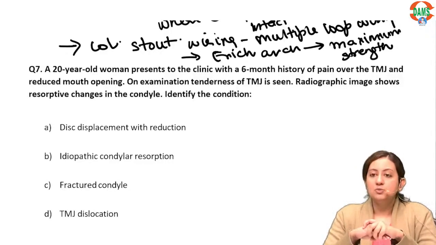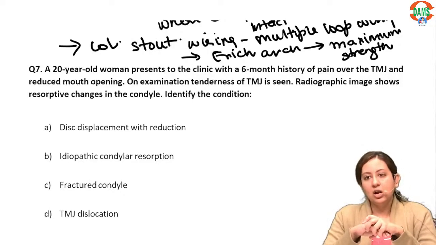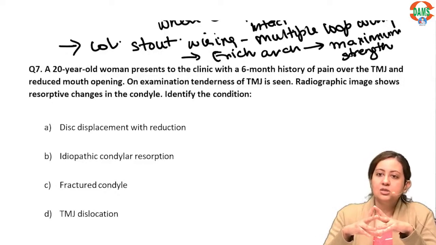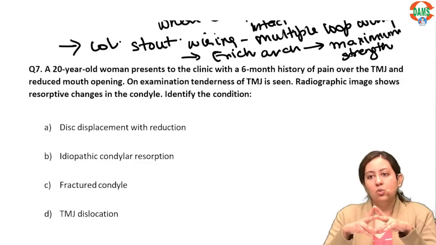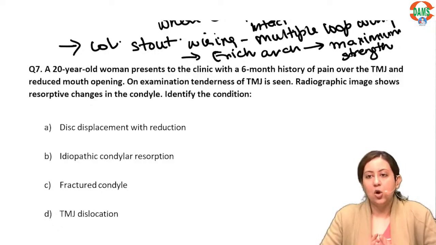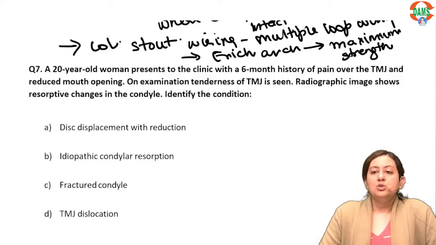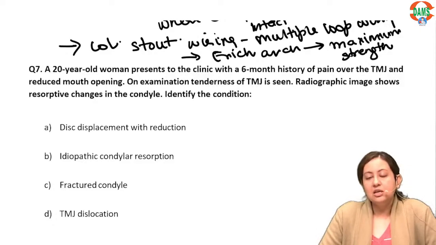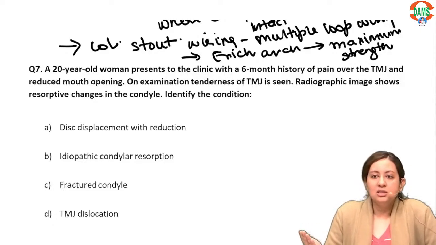Now coming to option B, idiopathic condylar resorption. This is when the condyles just start resorbing on their own without any specific cause or etiology. On a radiograph, whether an OPG or CT, you will definitely see condylar resorption.